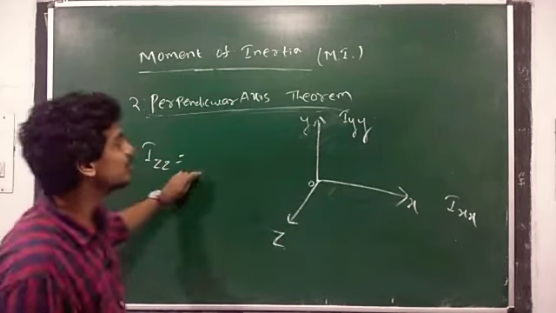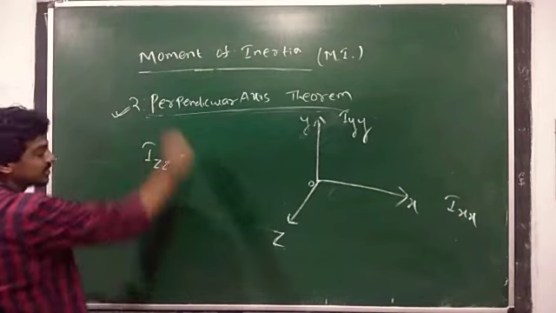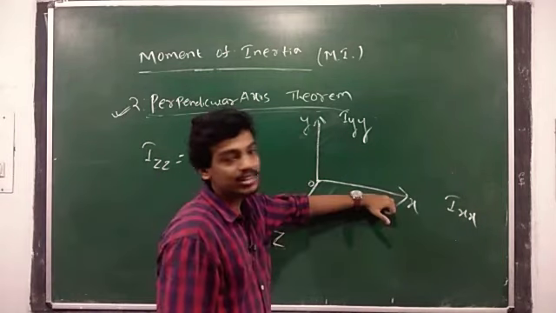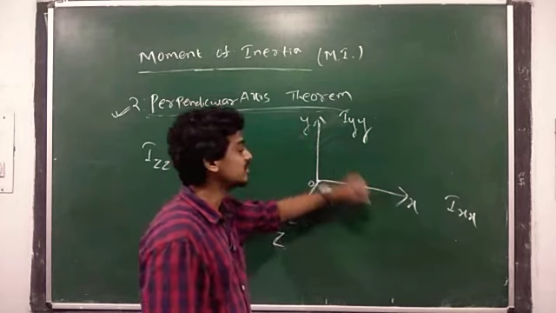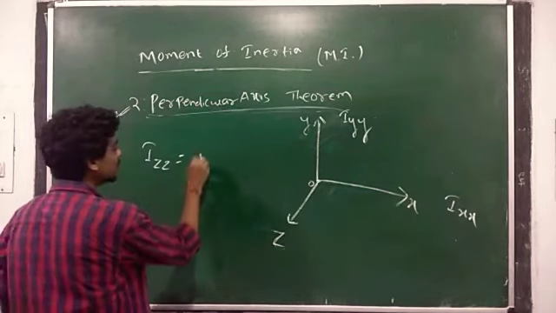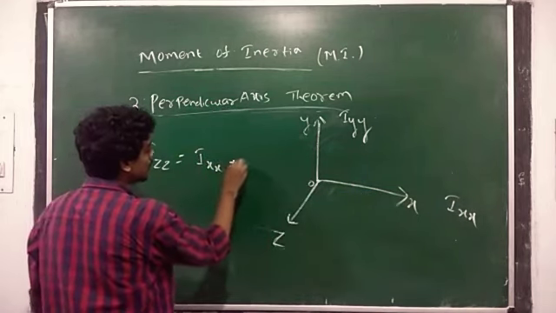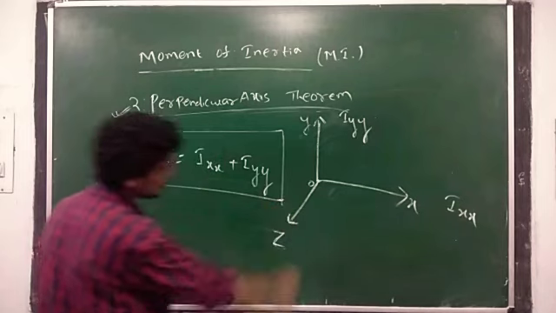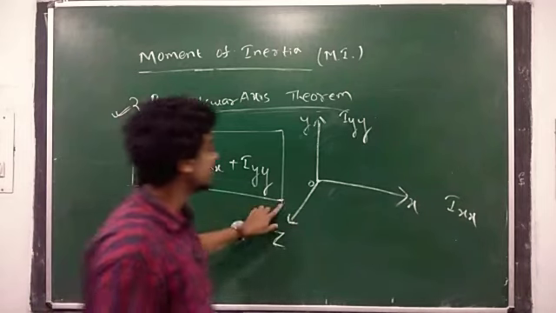In that case you have to use the perpendicular axis theorem. You just have to add the inertia about both directions. Just the summation of both will give you the moment of inertia about the other direction. So this is the perpendicular axis theorem.